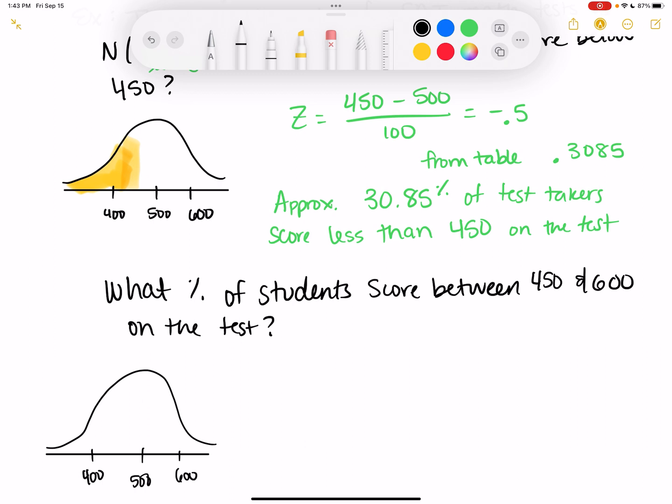So I've got same thing happening here. Okay. I want to know between 450 and 600. So I care about this region in here.